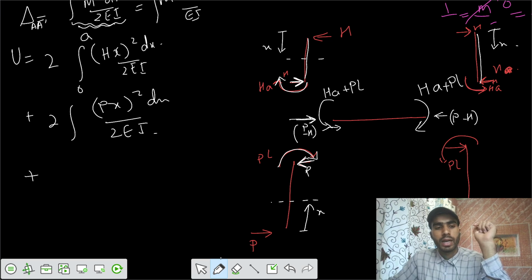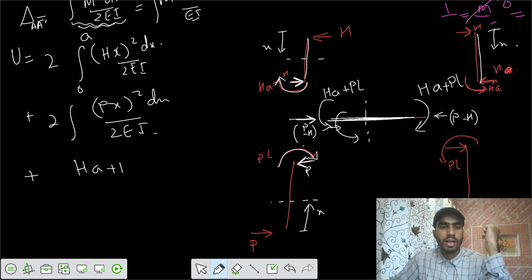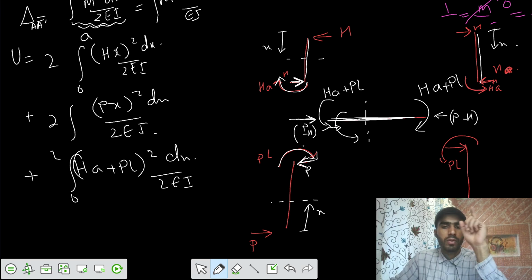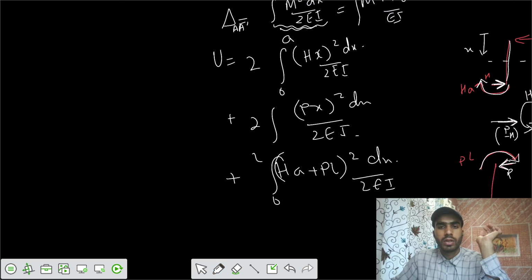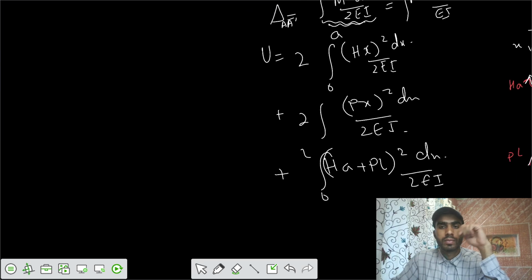And the third one, in this member B dash, if we cut at any x, there is a bending moment that's constant, that's Ha plus Pl, into Pl square dx by 2EI, ranging from 0 to L, and this is only one member, so you have to integrate it. You need to get the value of strain energy.